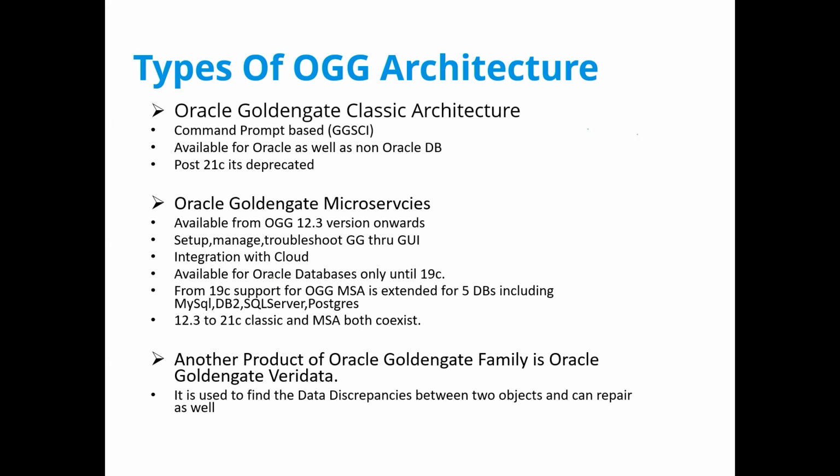Now, Oracle Golden Gate microservices until 19c was available only for Oracle database. So if you have any other database apart from Oracle, until Golden Gate 18c you can use only classic architecture for that.